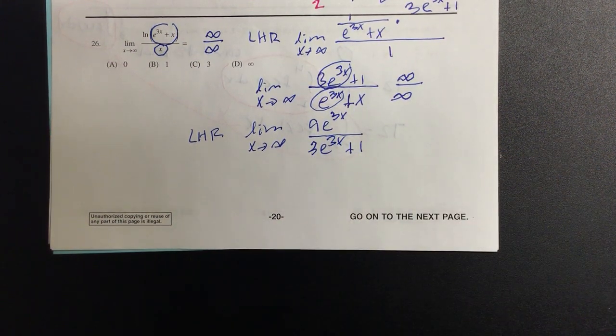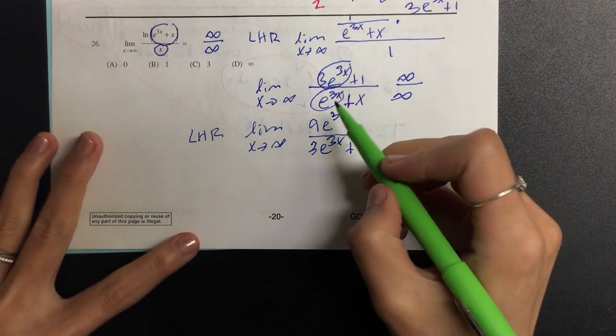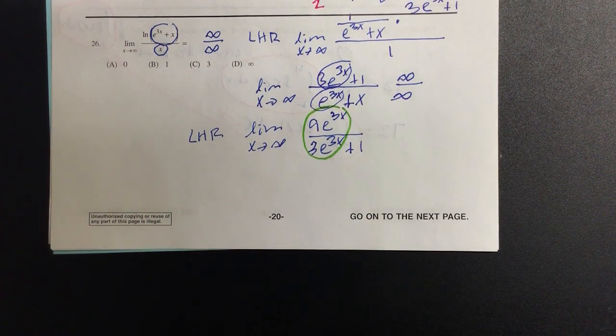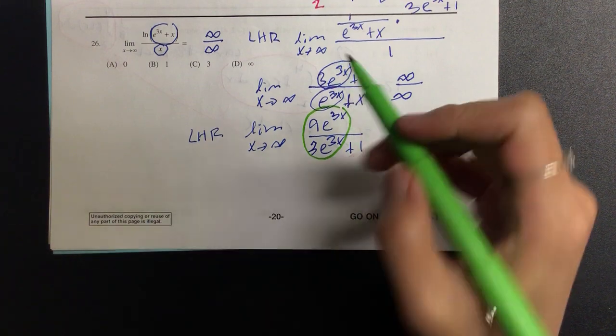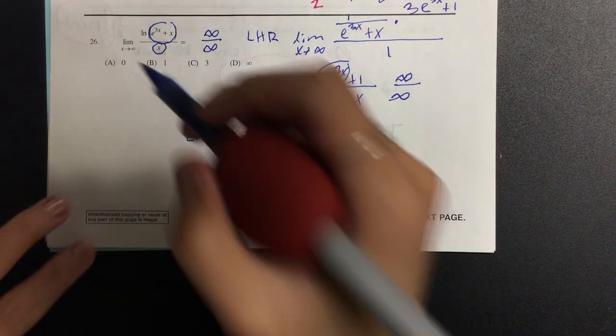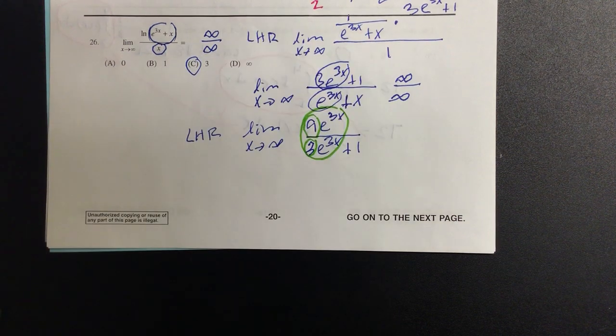So if y'all remember, it's all about the highest power. So my highest power is these two. And if my highest power were the same, we played the coefficient game, meaning what is 9 divided by 3? 3, done. And that would even stem off of pre-cal or even algebra 2.